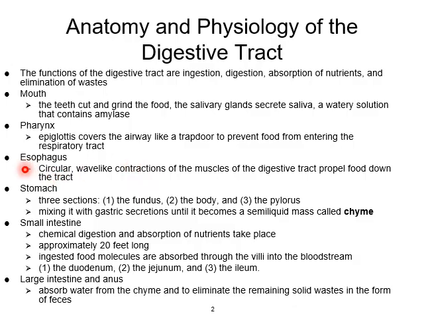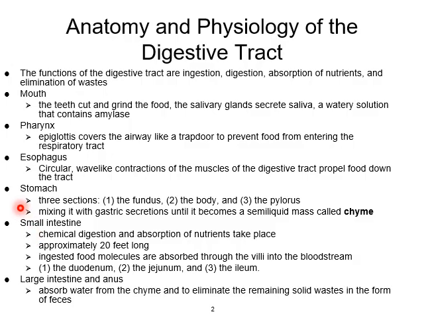This is the pipe. The circular, wave-like contractions of the muscles of the digestive tract propel food down to the stomach. After the esophagus, there's the stomach, and in the stomach there are three sections: the fundus, the body, and the pylorus.